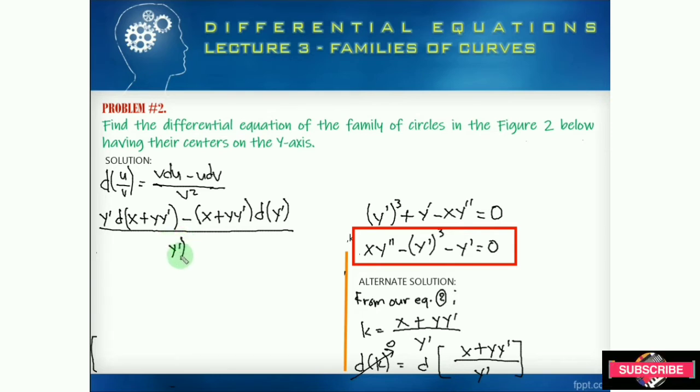And this is equal to 0. Since this is 0, we can transpose that to the other side. Maybe you are confused with this, so we will proceed. So we have here y prime times, I will put a bracket here, the derivative of this.